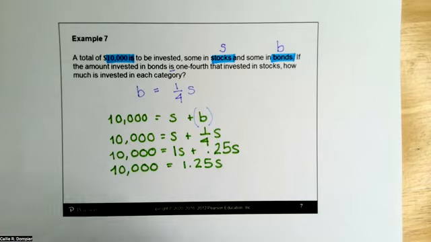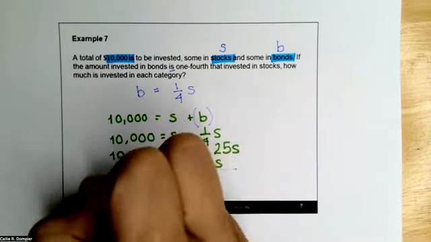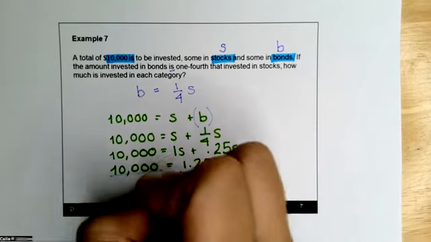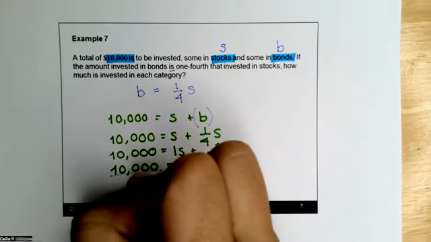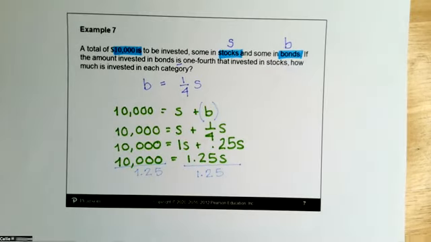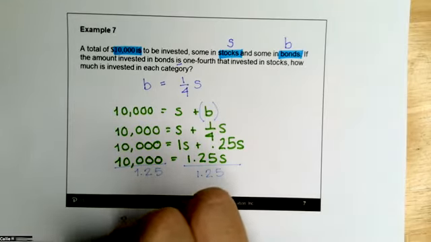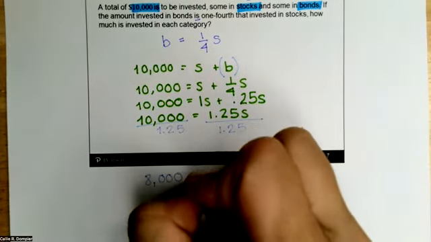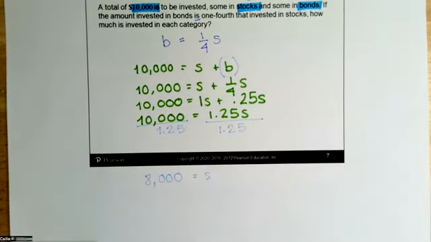Now I need to solve for S. It's being multiplied by 1.25, so I'm going to divide it by 1.25. 10,000 divided by 1.25 is 8,000. So the S value is 8,000.